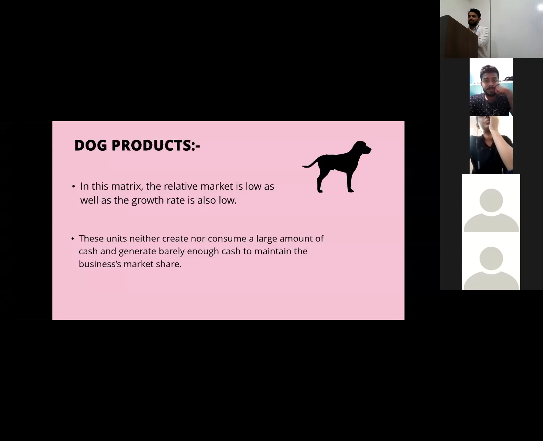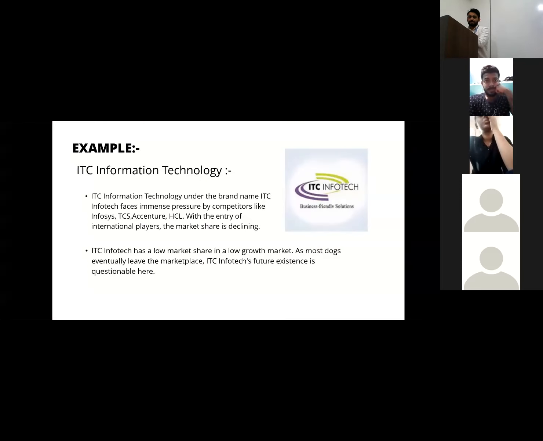Now I have taken an example of ITC, ITC Infotech. This company faces immense pressure from competitors like Infosys and HCL, and with these competitors, ITC Infotech is unable to face the market.